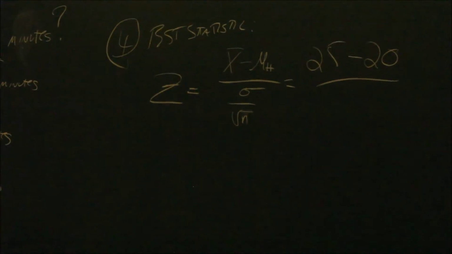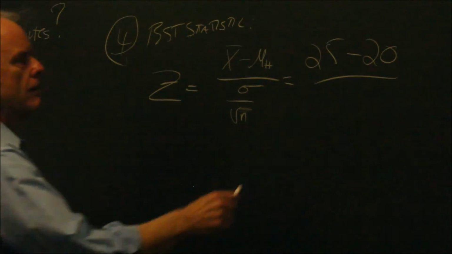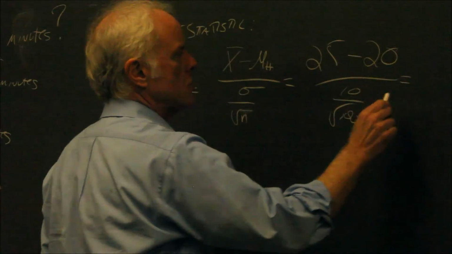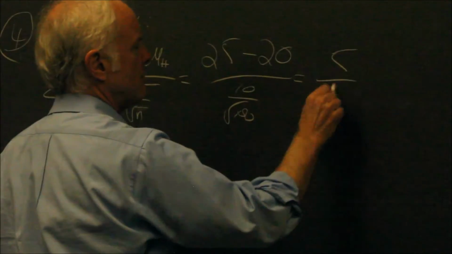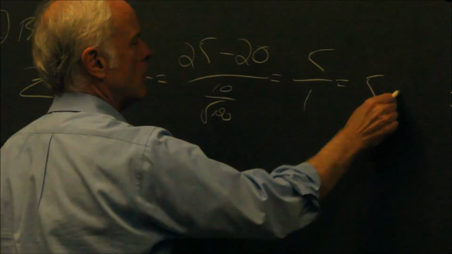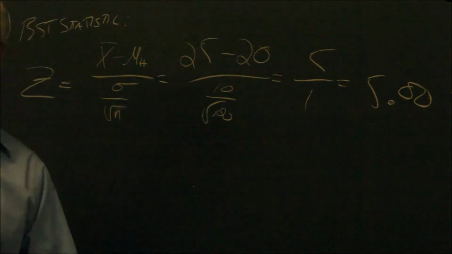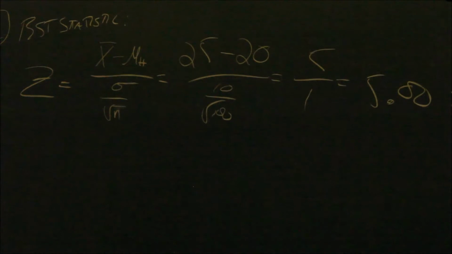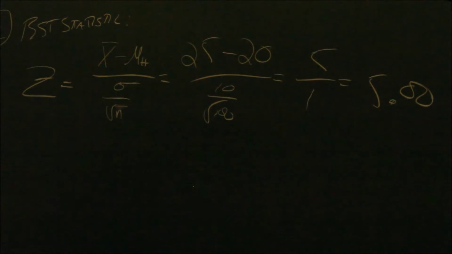What's sigma? 10 minutes. Divided by the square root of 100. And so we have 5 divided by 1 is equal to 5.00. For test statistic purposes, it's always good to go up 2 decimal places. All right, so for this hypothesis test, we have a test statistic equal to 5.